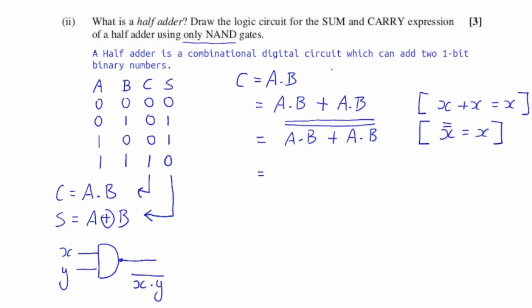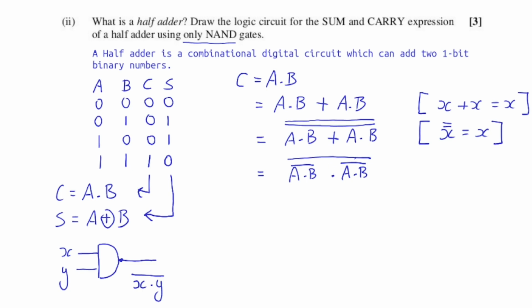And now notice that we can convert this plus into dot by applying De Morgan's theorem to the lower bar. That is, we can say A dot B complement dot A dot B complement whole complement. Why? Because when you apply De Morgan's theorem, this plus will change into dot and the lower bar will be broken into two.